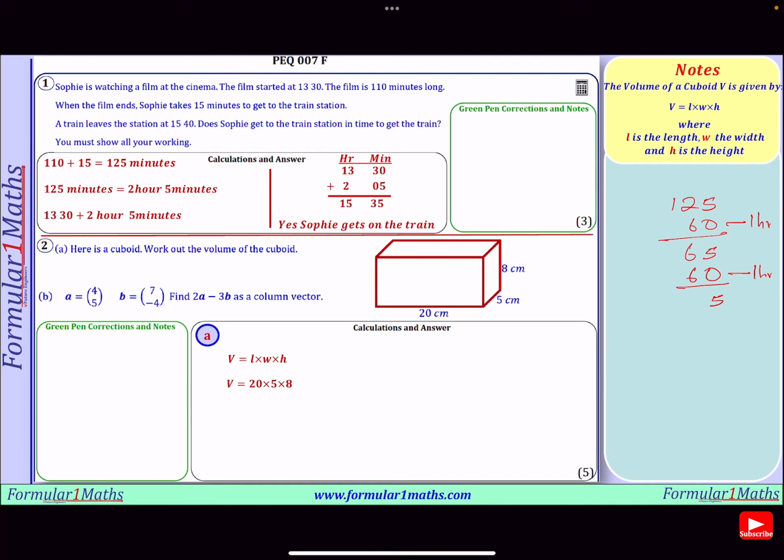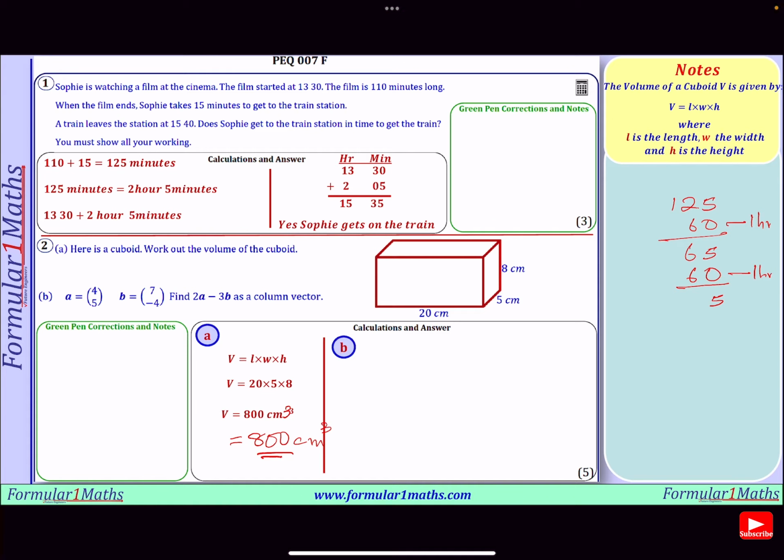And we are going to get 20 times 5 times 8. This is a calculator paper, as you can see here. So put all that in your calculator, and you're going to get 800. Correct answer is 800 centimeters cubed. Okay, so that is the final answer. That's the volume of the cuboid.